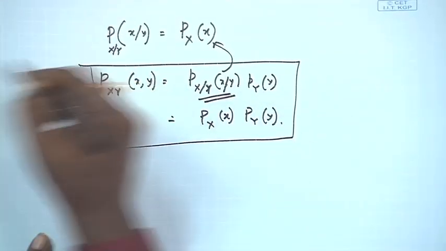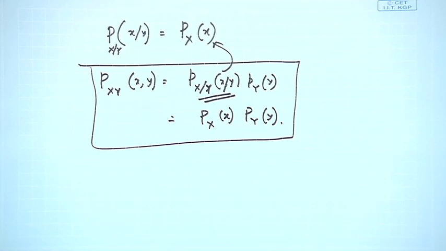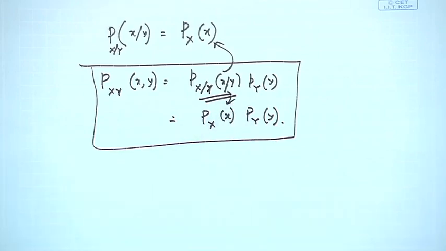That is a very interesting theorem of probability theory. So, if two random events are independent, then I can always write this. Otherwise not, because otherwise you will not be able to write this.